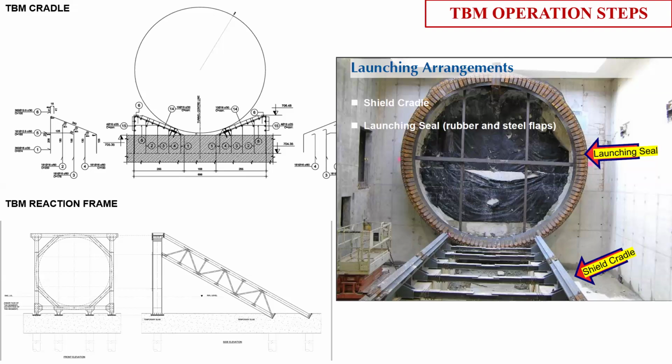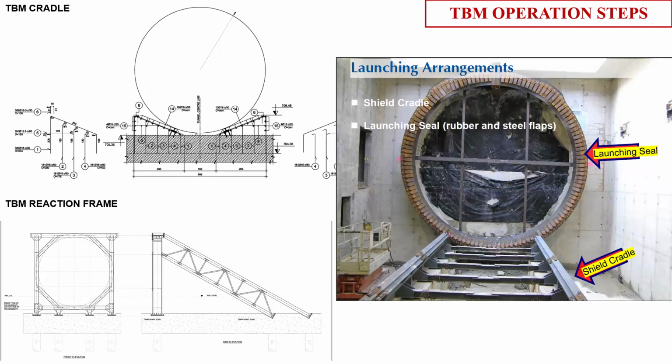But the main movement comes once the TBM starts moving, and in the initial drive you get the maximum movement. Once the TBM is in the main drive, if you control the face pressure, the movement is very low. As a designer we take a volume loss of 0.5%, 0.75%, but practically if you monitor it, it is 0.25%, 0.3% if the operation is very good.